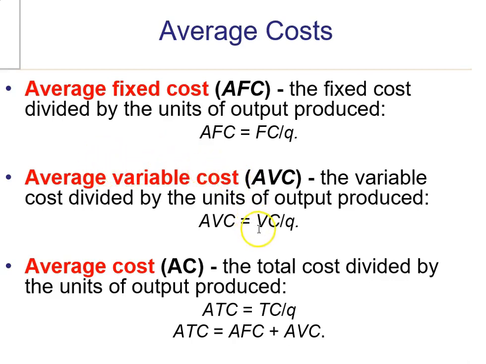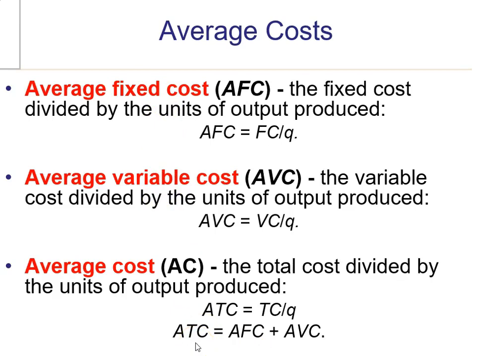Take your variable cost and divide it by output. This will give you your average variable cost. Finally, your average cost, also known as average total cost, ATC, is your total cost divided by the units you produce, or TC divided by Q. Note there's also a second way to find average total cost, and that's simply the sum of these first two. Average fixed plus average variable gets you average total cost.